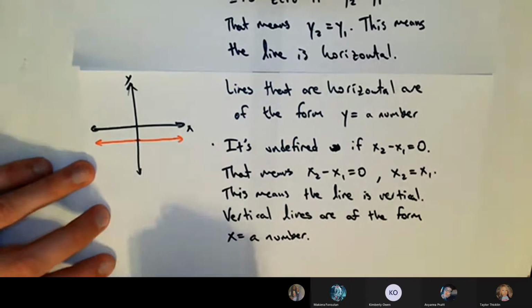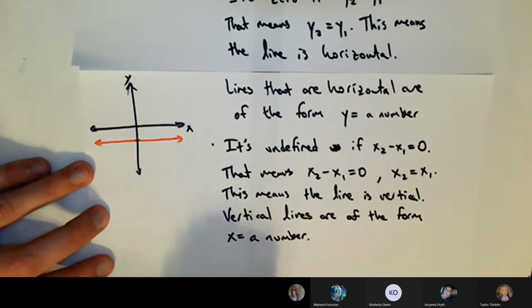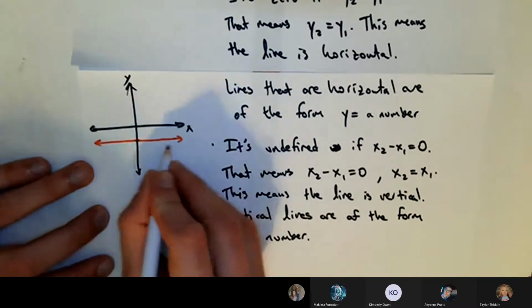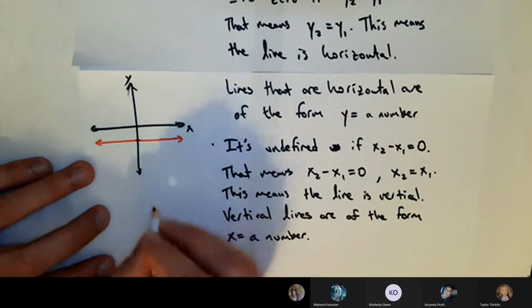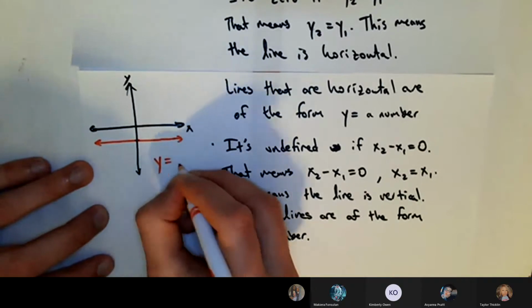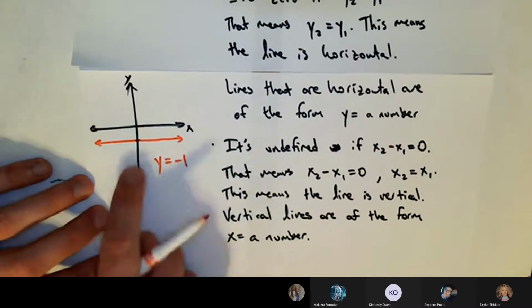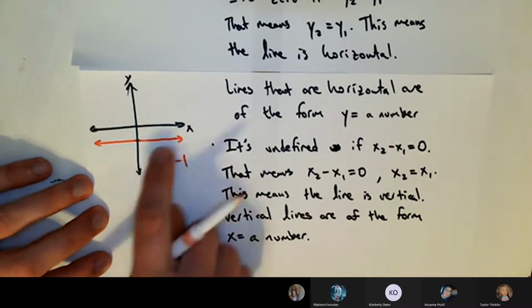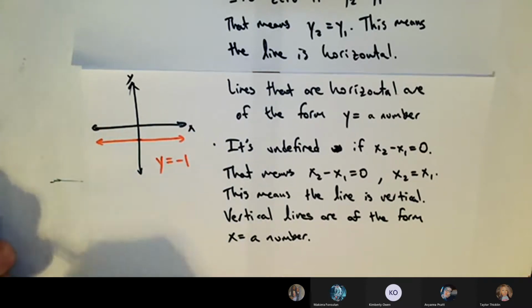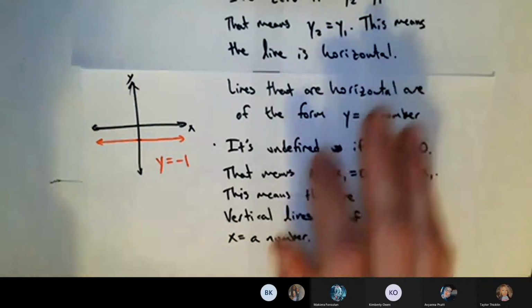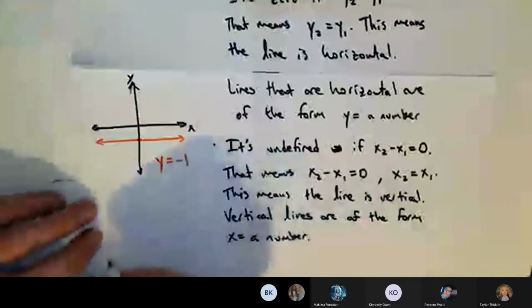Then how would I describe this line? Well, if it's horizontal, that means all its y values are the same, right? It's not growing vertically. So it's going to be y equals -1. This whole line is just described by this equation. It's a special case of the y equals mx plus b thing.